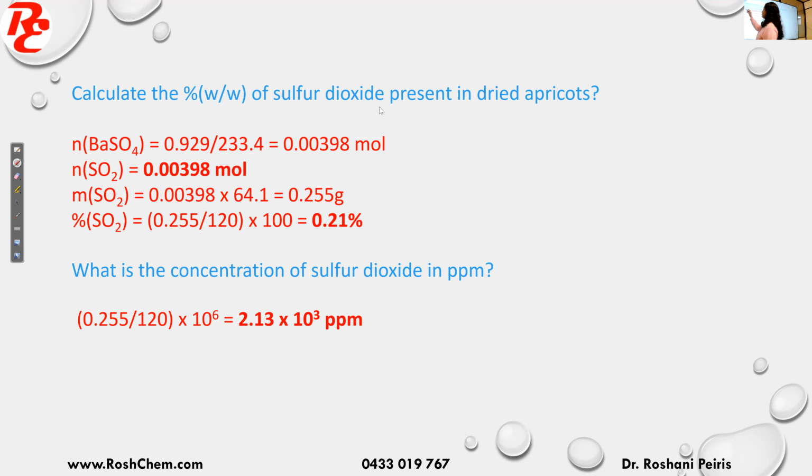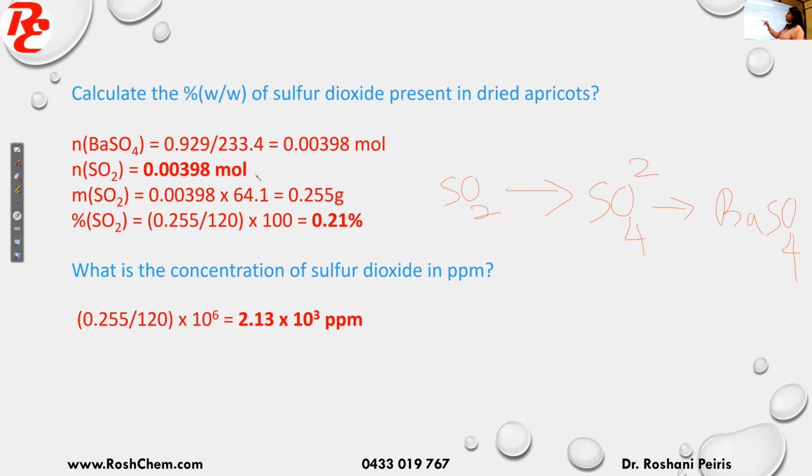You had sulfur dioxide, it went to sulfate by oxidation, and then sulfate became BaSO4. So you can balance in terms of sulfur atoms: 1 sulfur, 1 sulfur, 1 sulfur. So it's a 1-to-1 ratio. If you know the moles of BaSO4, the moles of sulfur dioxide is also the same, 0.00398 moles. It's a 1-to-1 ratio everywhere.